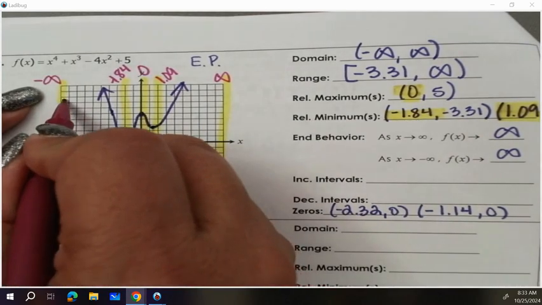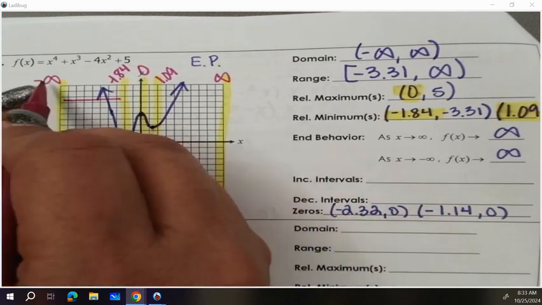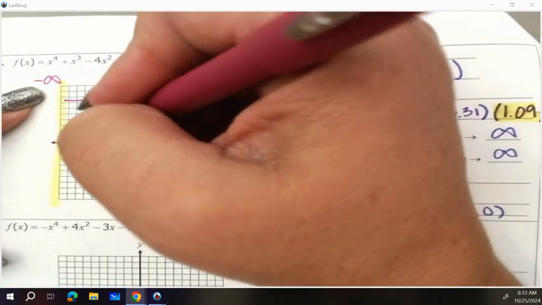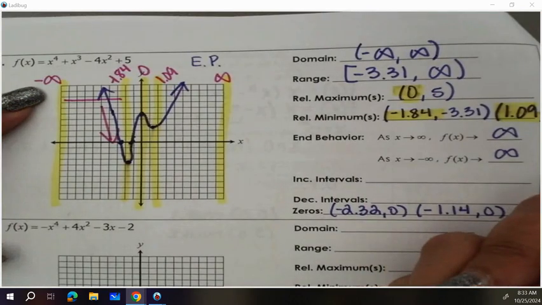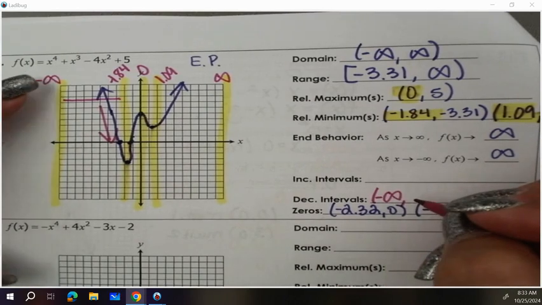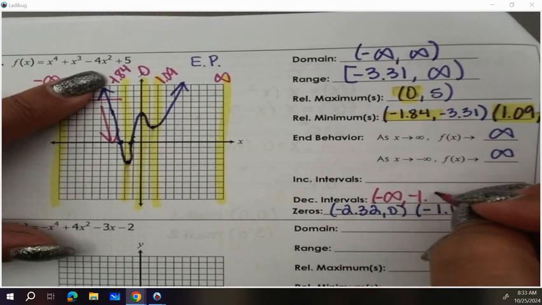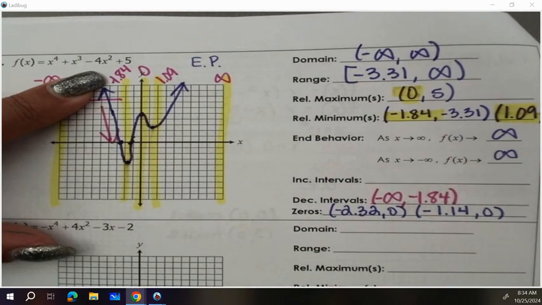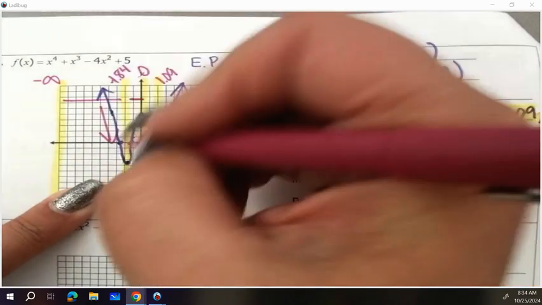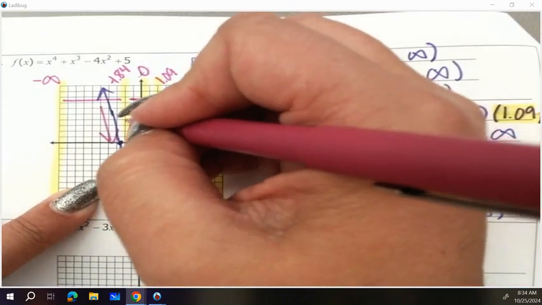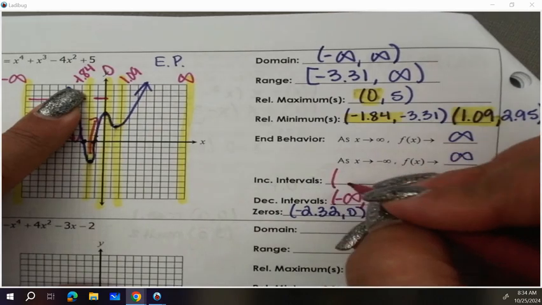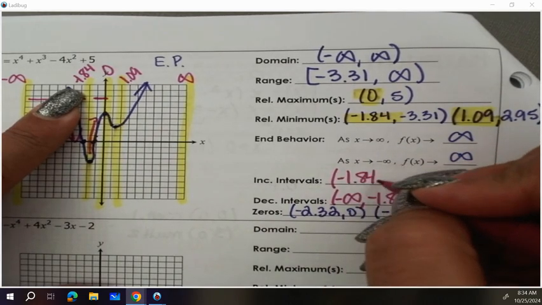So in this first section, from negative infinity to negative 1.84, my car is driving downhill. So that's decreasing. So negative infinity to negative 1.84. Then in my next section in here, my car turns and starts going uphill. So I've got my numbers up here. It makes it super easy for me to go negative 1.84 to 0.